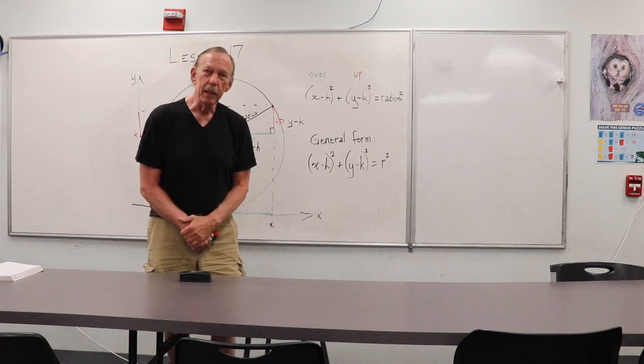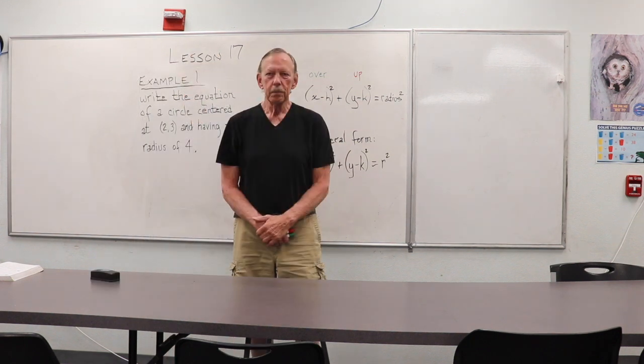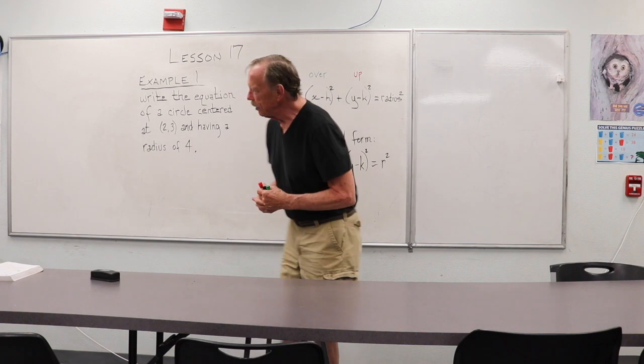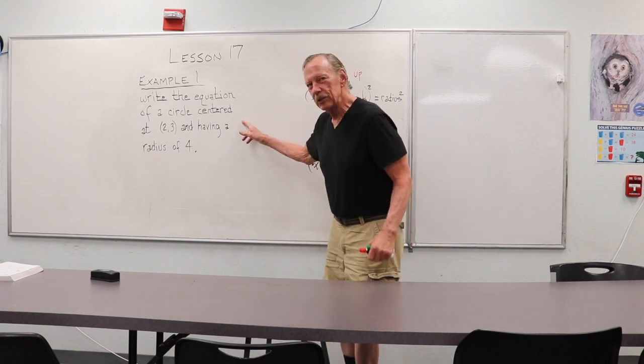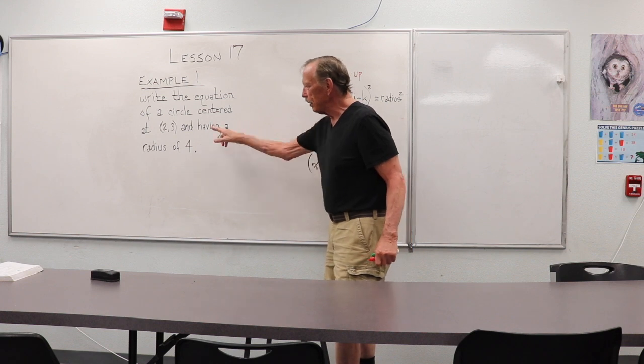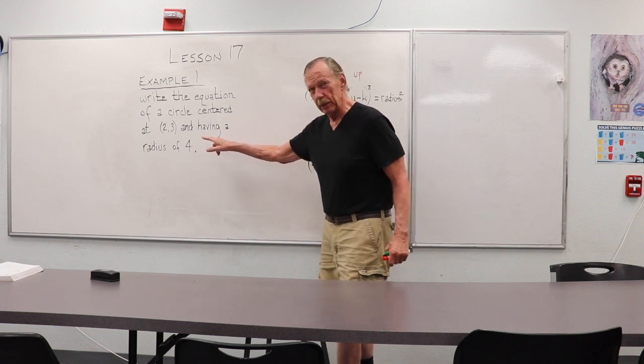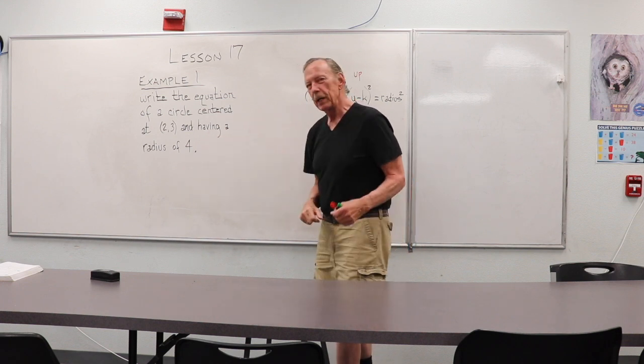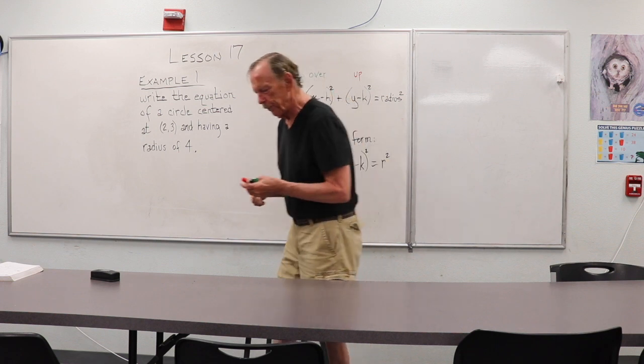We're going to look at a couple of examples. In example 1, the task is to find the equation of a circle centered at 2 over and 3 up and having a radius of 4.